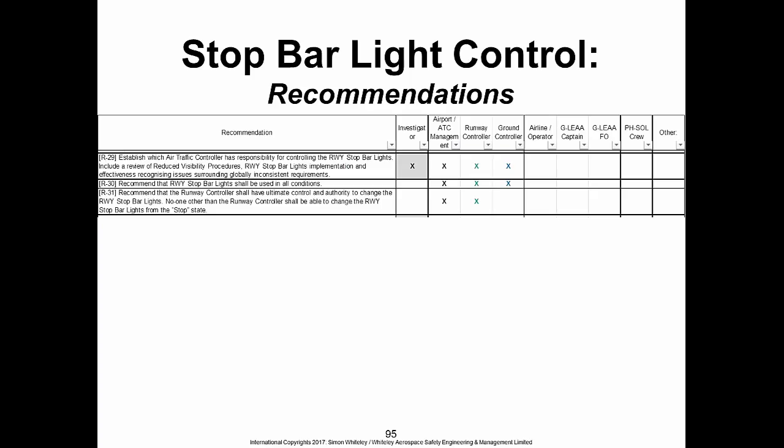Recommend that runway stop bar lights shall be used in all conditions, and recommend that the runway controller shall have ultimate control and authority to change the runway stop bar lights. No one other than the runway controller shall be able to change the runway stop bar lights from the stop state.